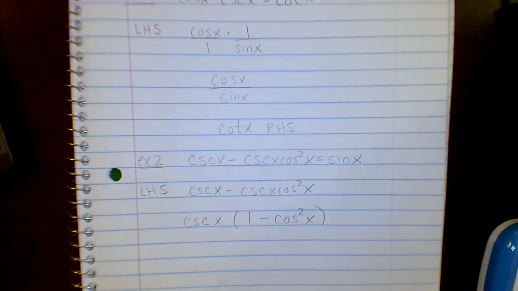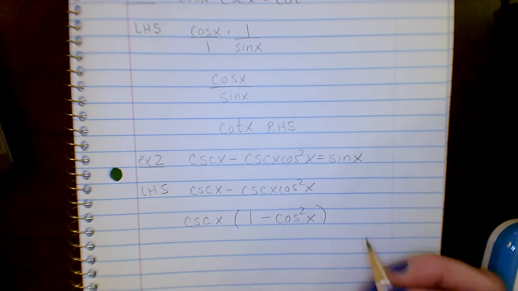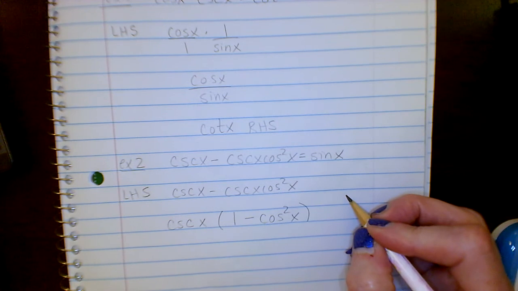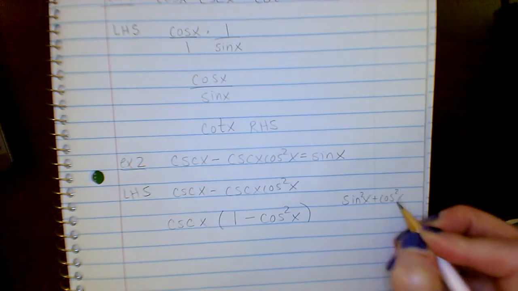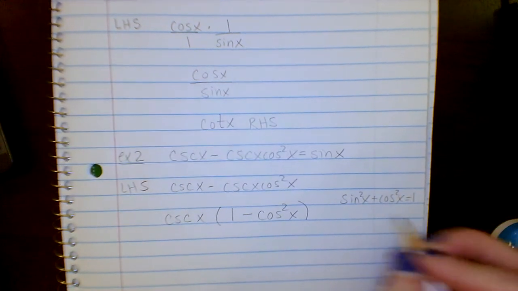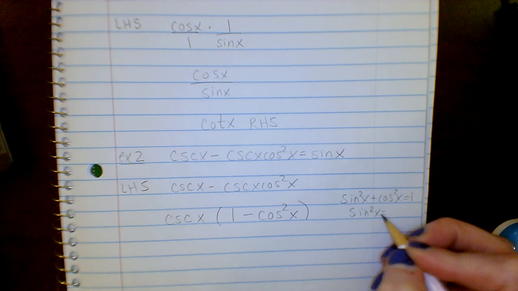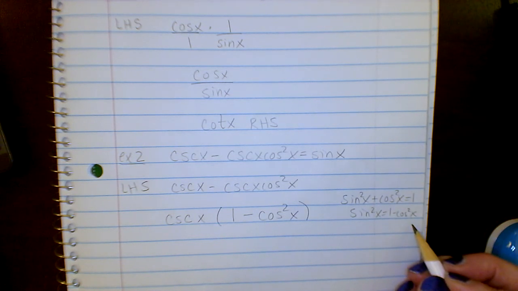Now does 1 minus cosine squared look familiar? It might. This is one of the variations on the Pythagorean identity. The actual Pythagorean identity that we know is sine squared plus cosine squared equals 1. But if I do a little algebraic manipulation on this, and I subtract cosine squared from both sides, I get that version.